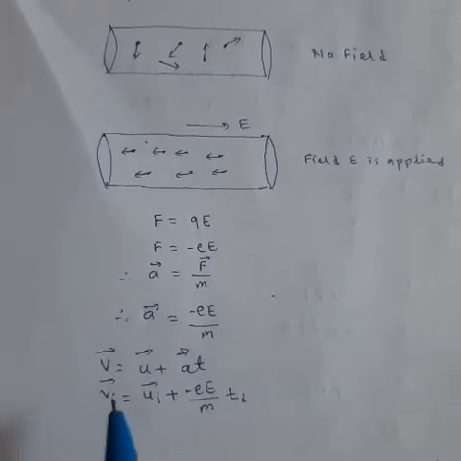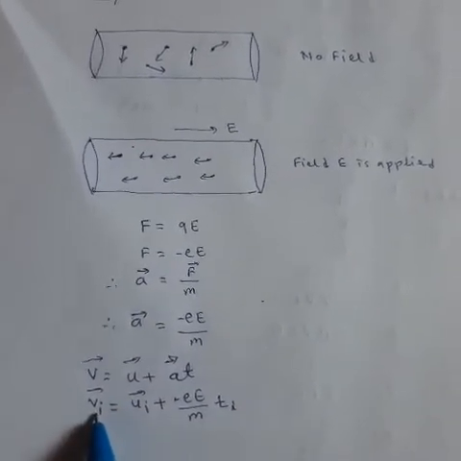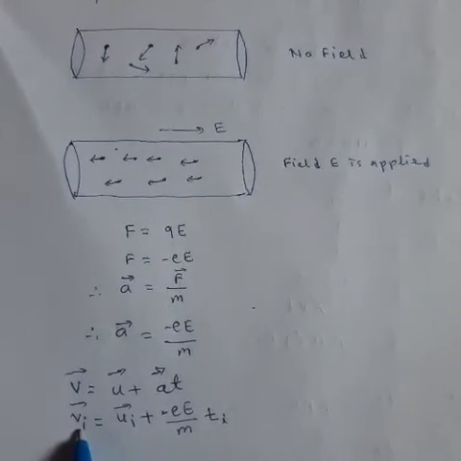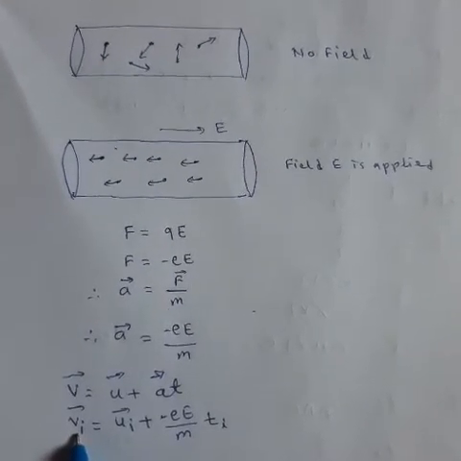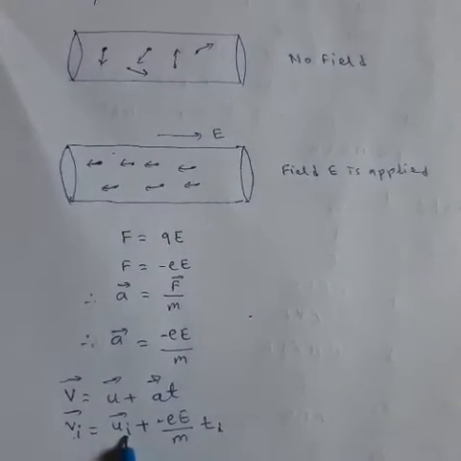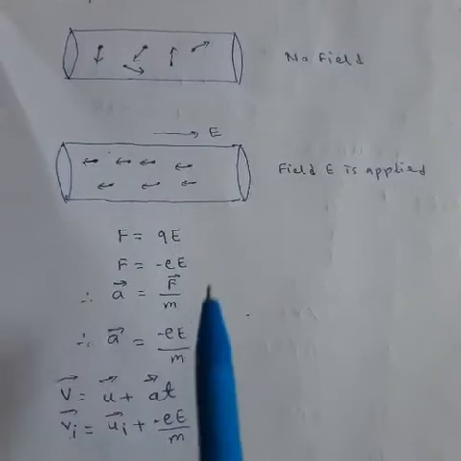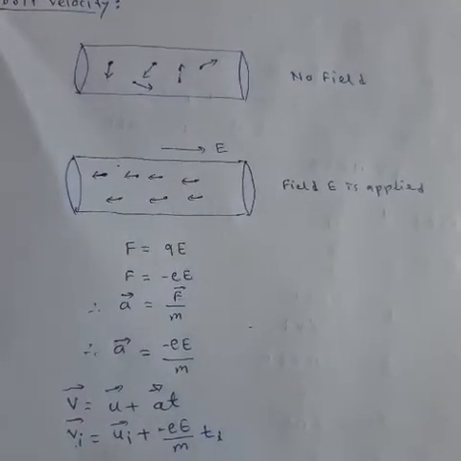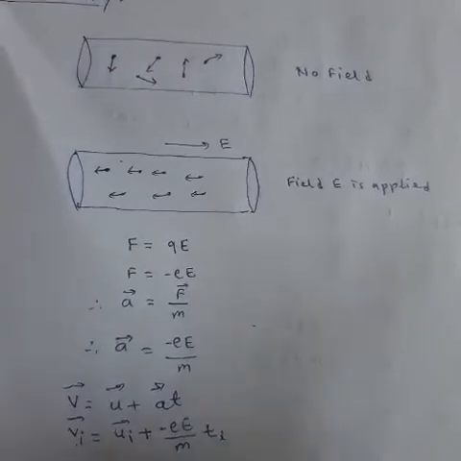Let us consider vi be the velocity of the ith electron, ui be the initial velocity of the ith electron, minus eE divided by m into t1.